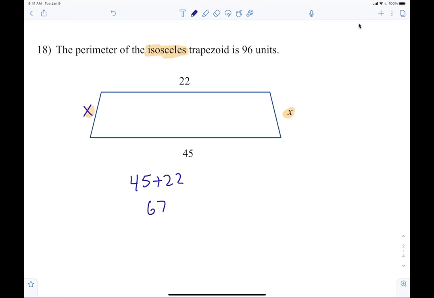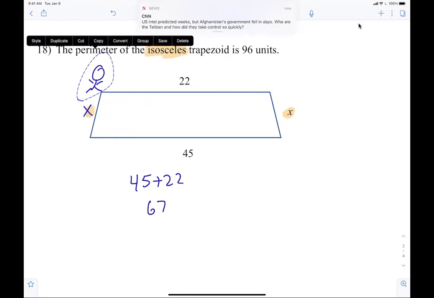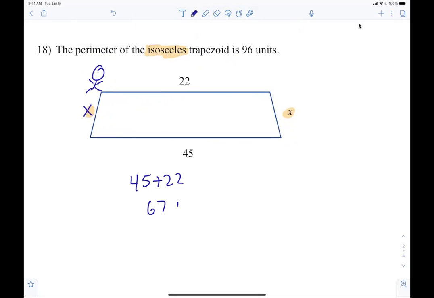So now 67, what? Nope. We're doing perimeter, right? So remember, you're taking a walk around this. From here to here, and then from here to here, from here to here, and from here to here, what's the perimeter? 67 plus what? How many X's did we walk? 2.